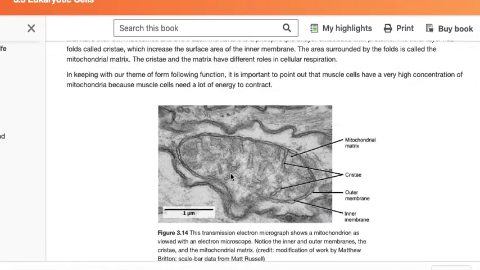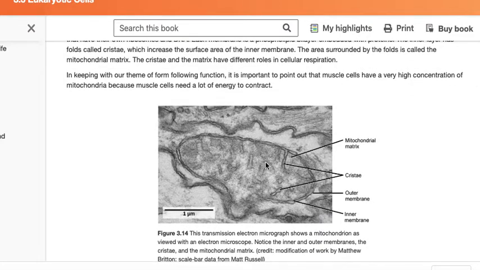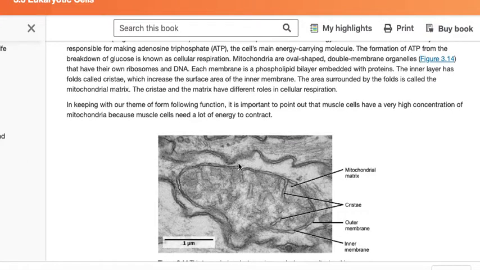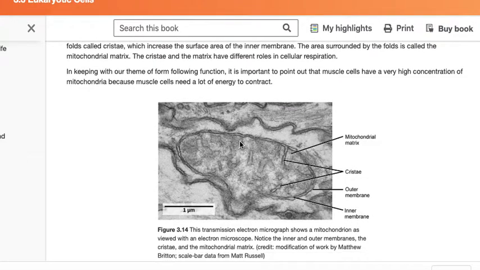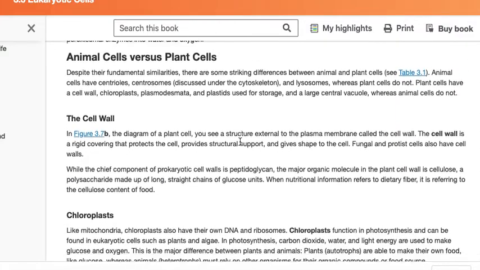So chloroplasts and mitochondria look a lot alike, and they also look a lot like bacteria. Separate from the rest of the cell, they have their own DNA. They go through their own replication. They have their own double membrane that surrounds them. So that's a unique feature.